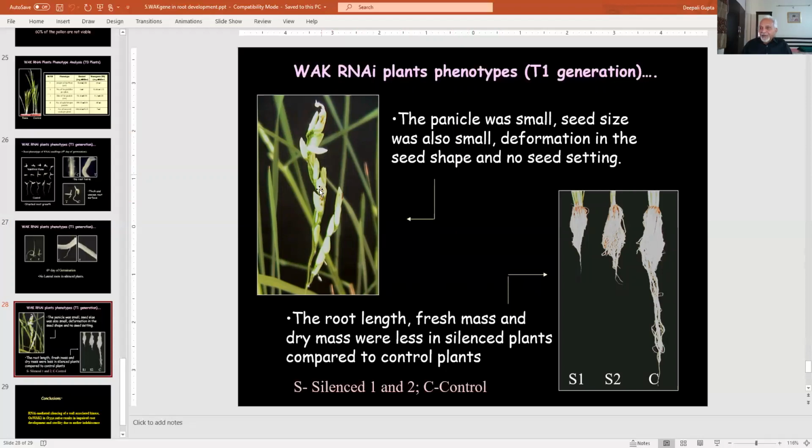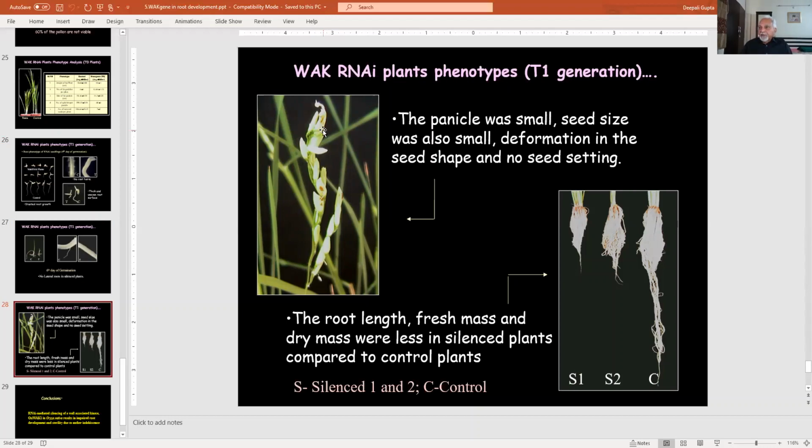In the T0 plants, we could at least collect 3 to 4 seeds per plant, but in T1 generation, they only showed this kind of inflorescence, and there was no seed set here. So in other words, the plants were completely sterile.